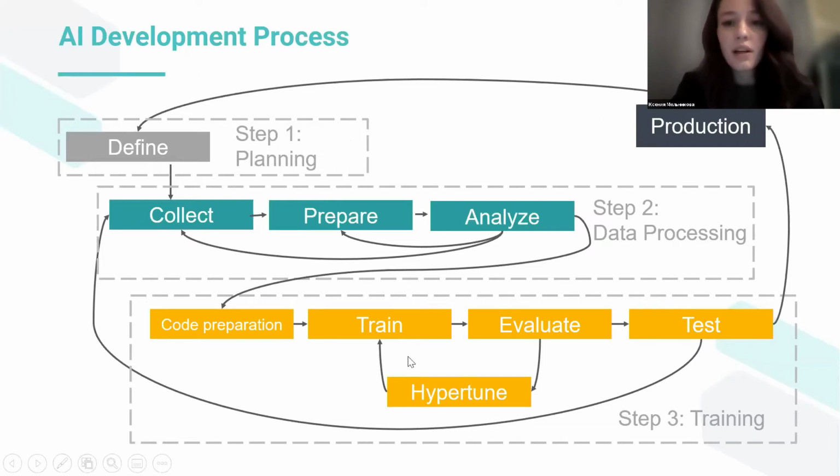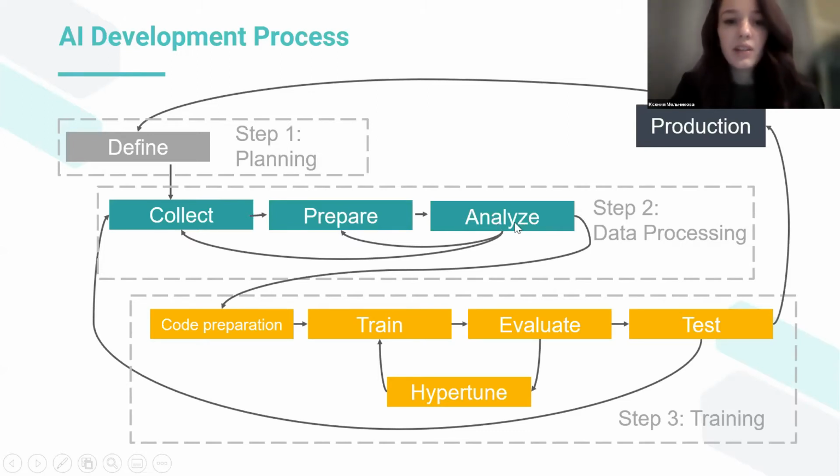The second part is data processing. So when we have defined which data we have, we have to collect data from all the possible sources that we have in our company. Then we have to prepare it, process it, delete some trash, maybe add some new samples. Then we have to analyze how good our data is right now.